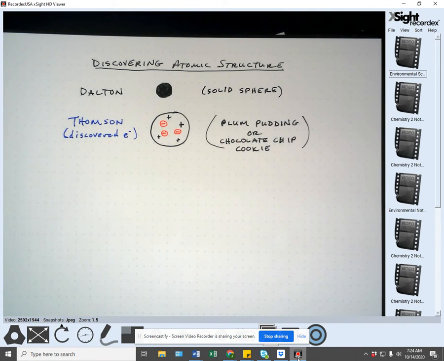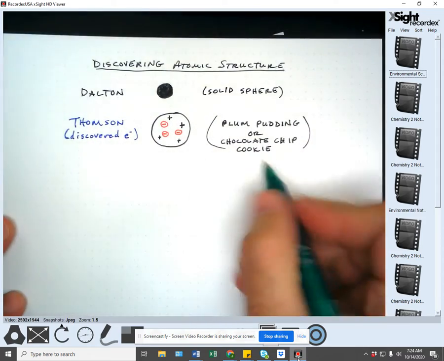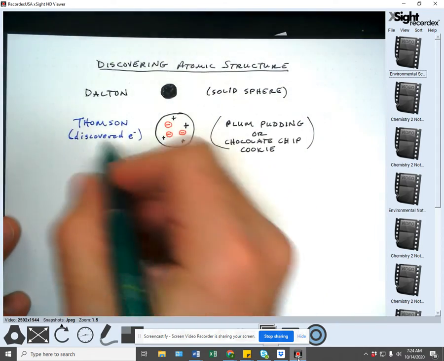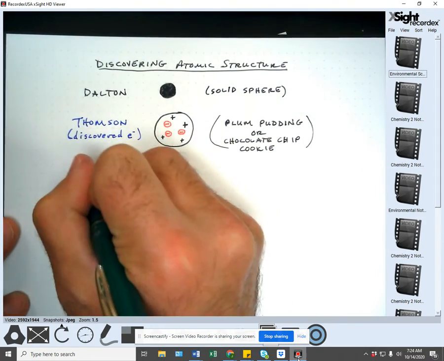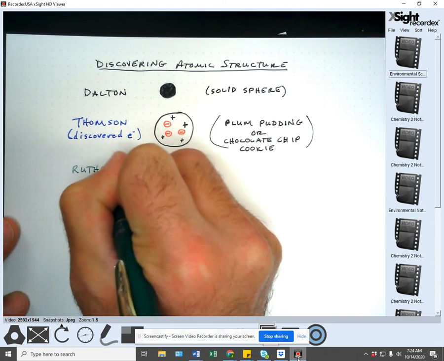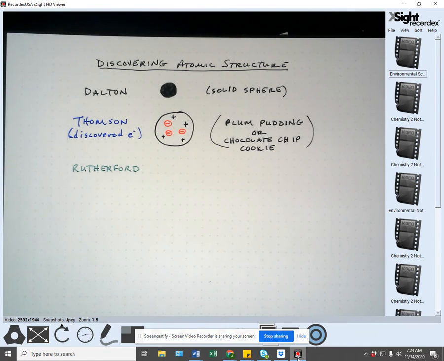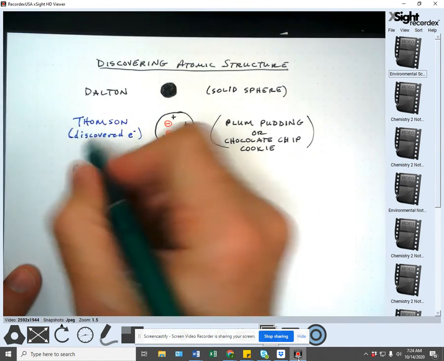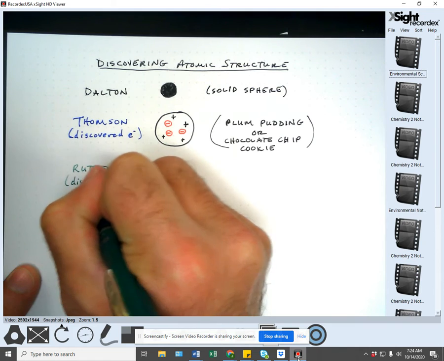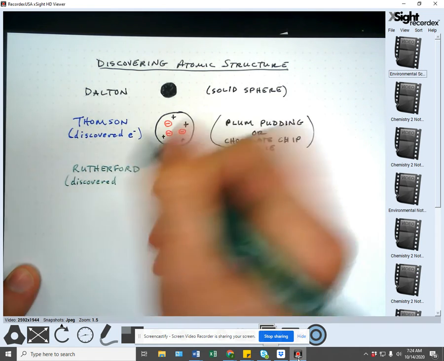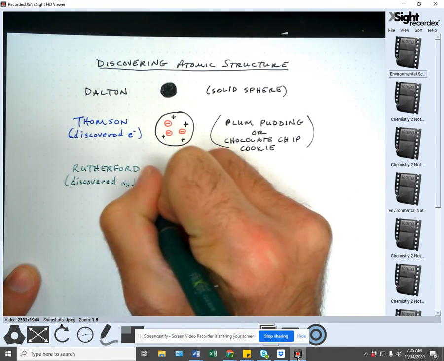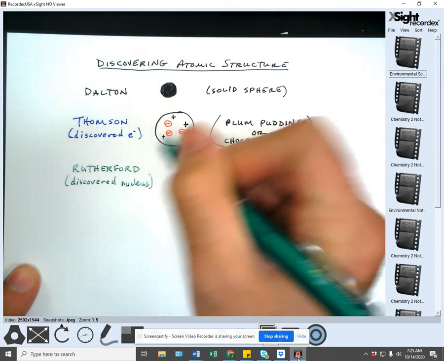Okay, what does that give us? Well, that gives us a different version of the atom. Rutherford discovered the nucleus.